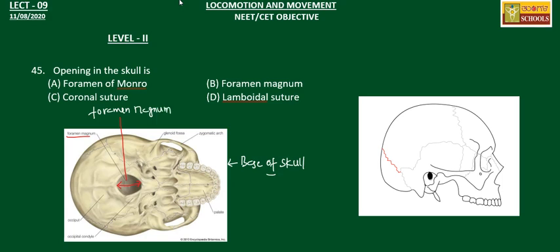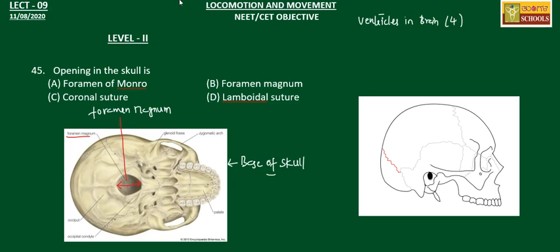Now coming to the first option, what is the foramen of Monroe? It's a small duct that connects the first and second with the third ventricle in the brain. We have ventricles in the brain, and these ventricles are a total of 4 in number.